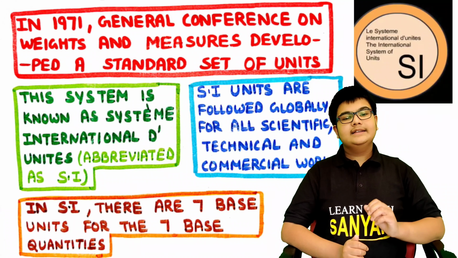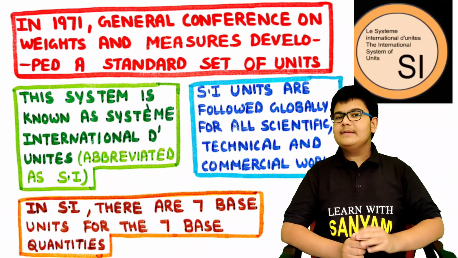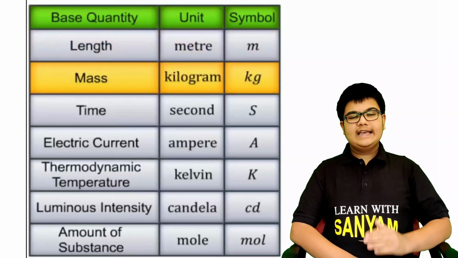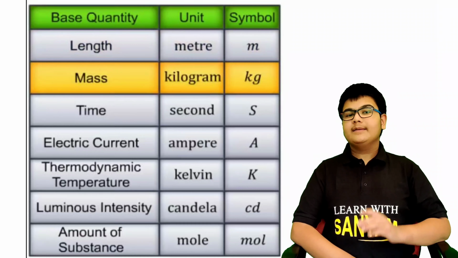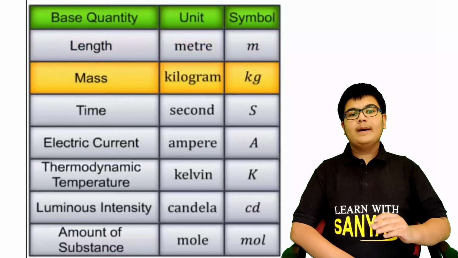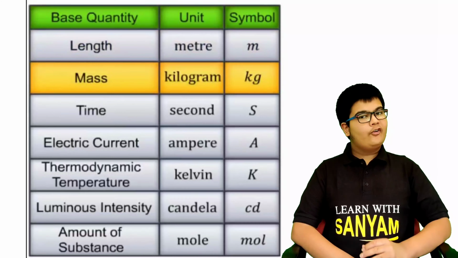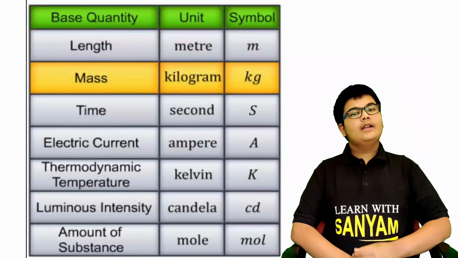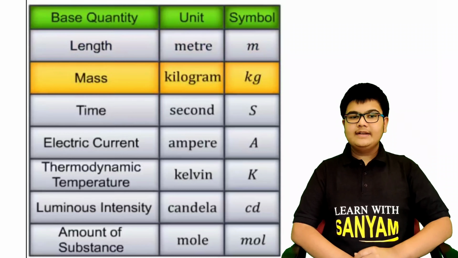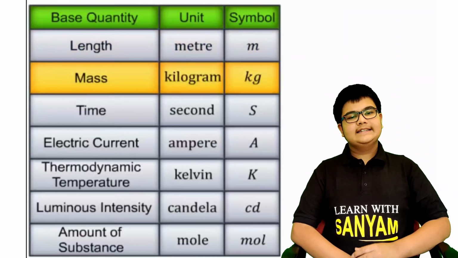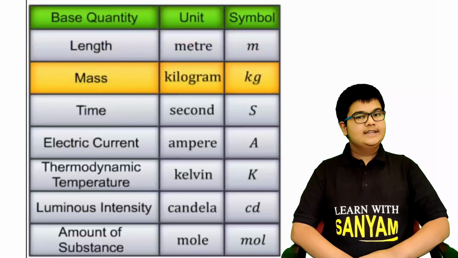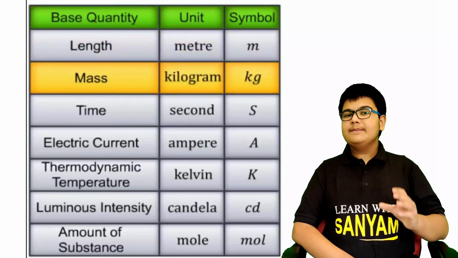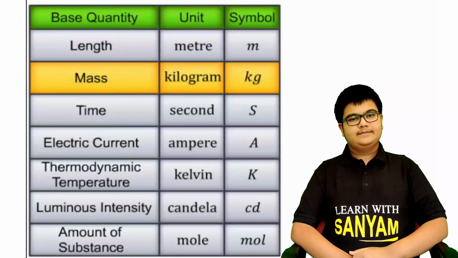In the SI system, there are 7 base units for the 7 base quantities. For length, we have the unit meter. Similarly, for mass, we have kilogram. For time, we have second. For electric current, we have ampere. For thermodynamic temperature, we have Kelvin. For luminous intensity, we have candela. And for amount of substance, we have mole. So these are the 7 base quantities and units in the SI system.